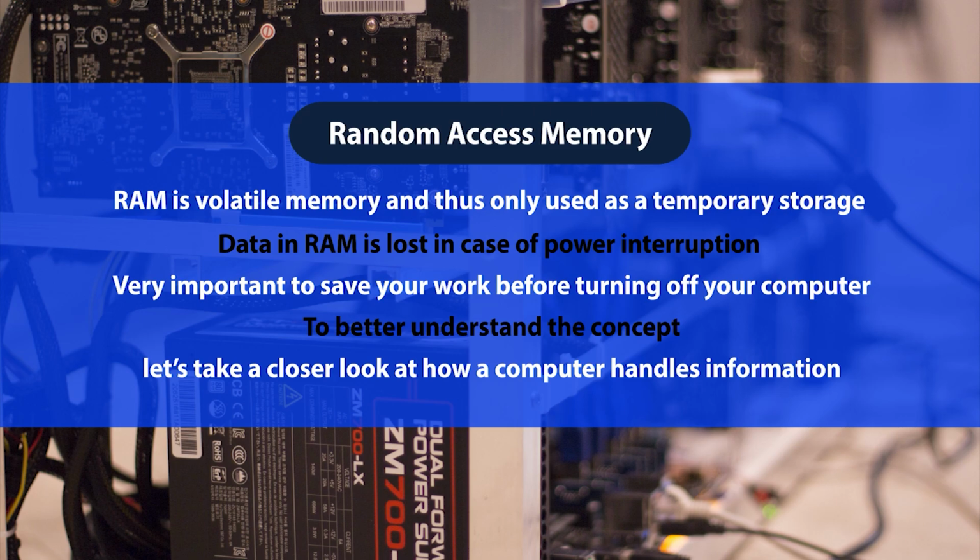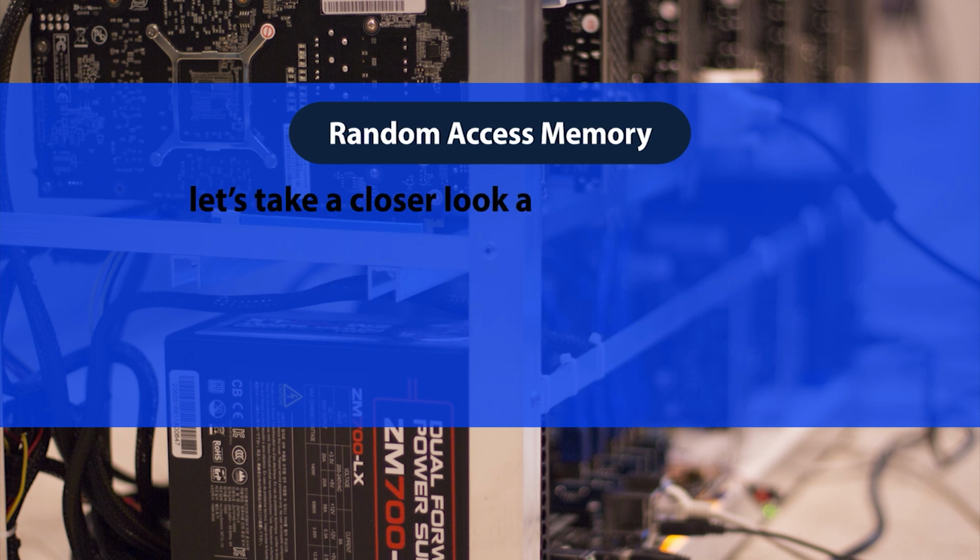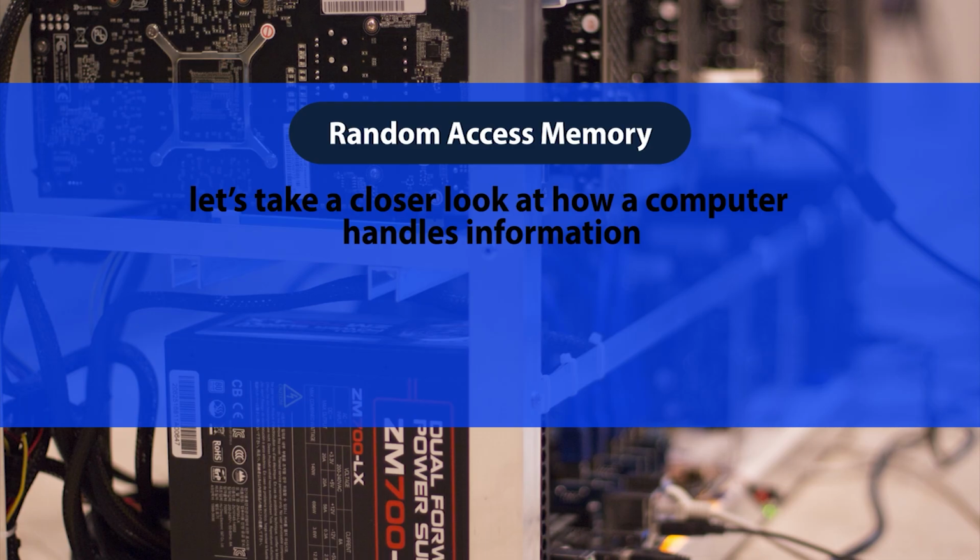And generally for that very reason, it is advised that you keep on saving your program or data while you are executing on your system. Now, let us try to understand a little better what it means by volatile memory. For understanding this concept, first we look at how the computer handles information.